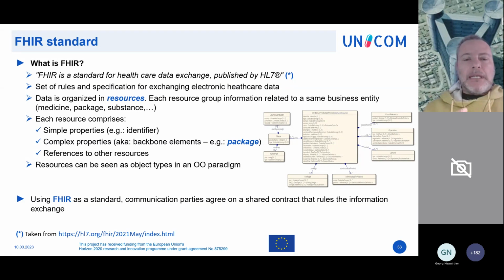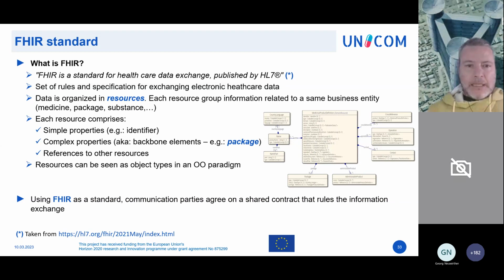For programmers or developers, a resource can be seen as an object type declaration, that is, a collection of properties and data inside it. And the idea of using FHIR as a standard allows parties to communicate and interexchange data, as Noel said before, in a structured way.